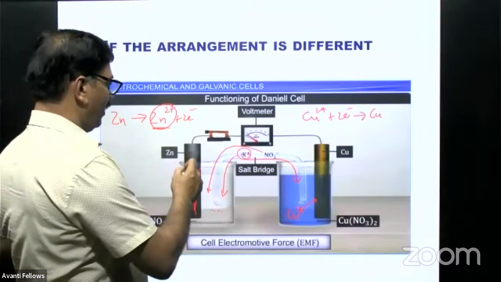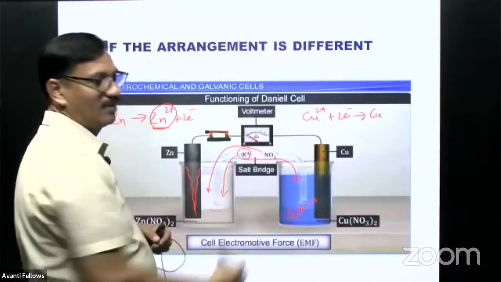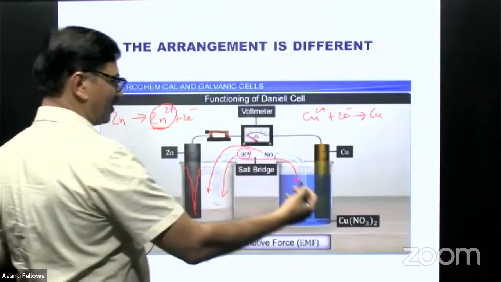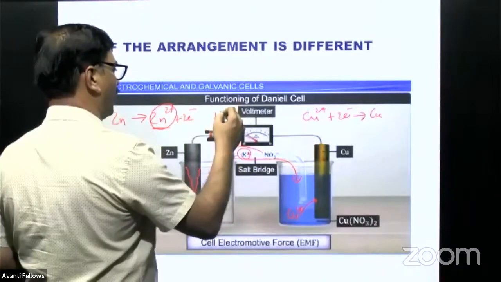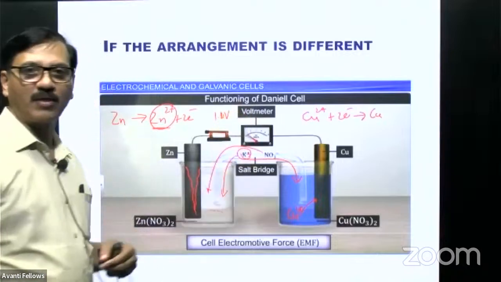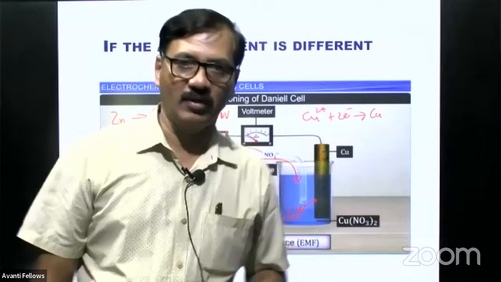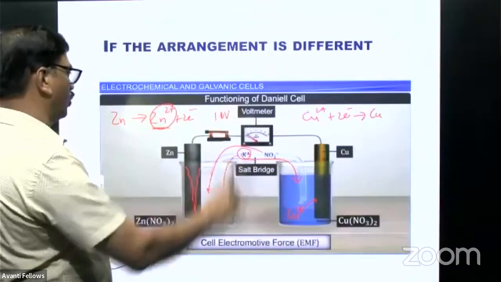And for voltage, you can find the voltmeter readings also. So when this is connected, we find 1.10 volt in this voltmeter. The quantity of voltage can be measured through this.